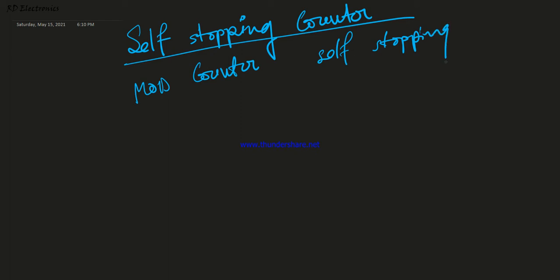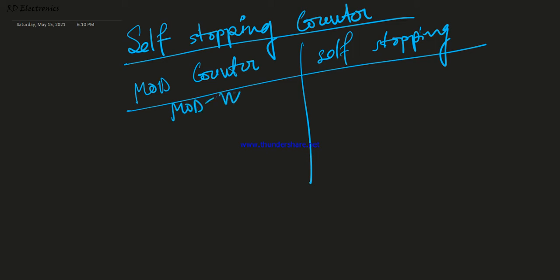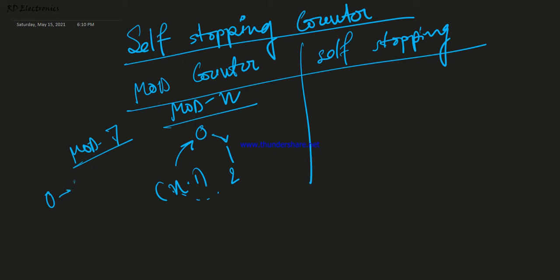For a mod counter, say for mod n counter, the counting states are 0, 1, 2, and after n minus 1 it goes back to 0. For example, for mod 7 counter, the counting states are 0, 1, 2, 3, 4, 5, 6, and back again to 0.